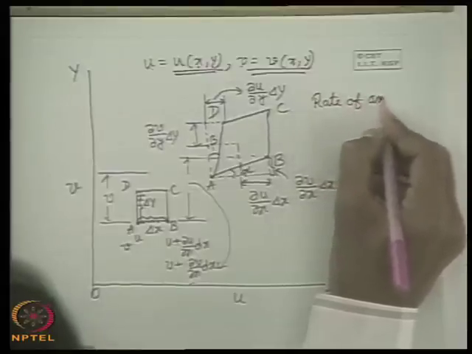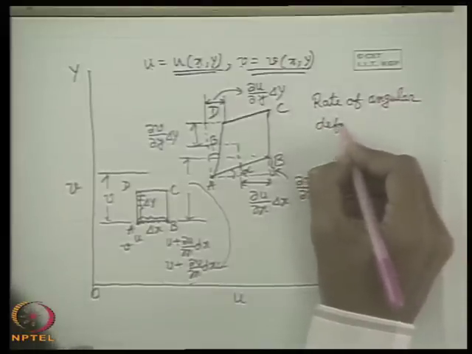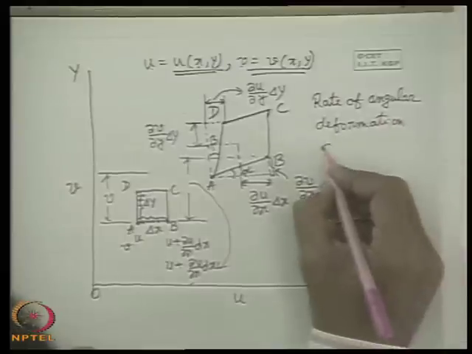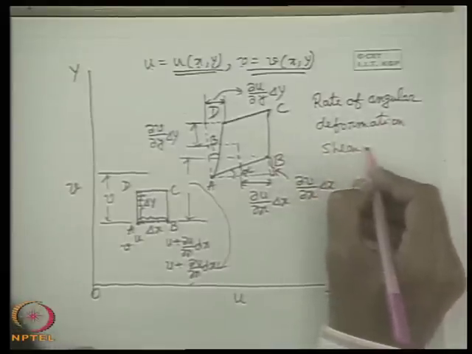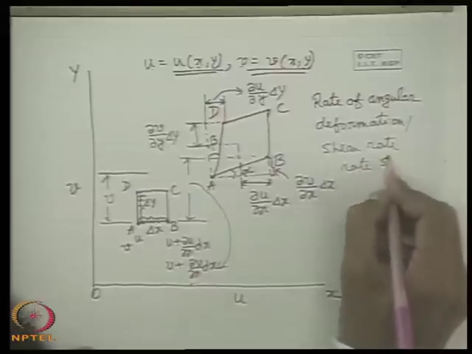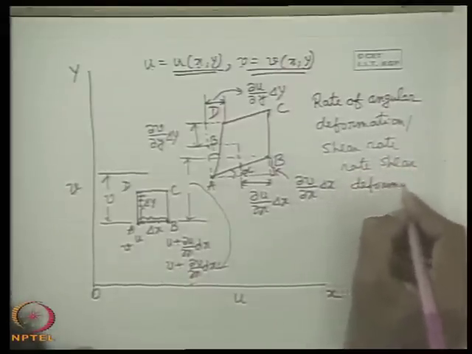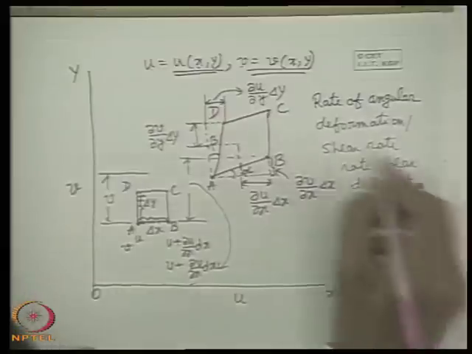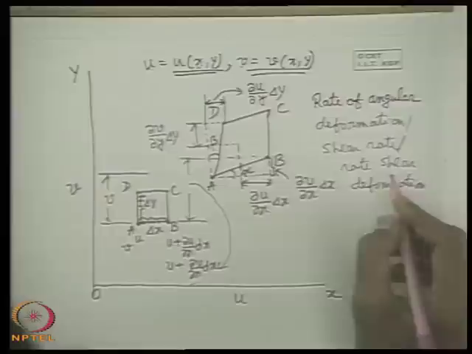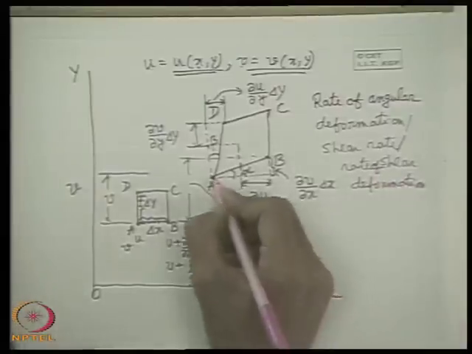These are the terminologies you have to know: rate of angular deformation, or sometimes we can tell shear rate, or rate of shear deformation. So these are the terminologies, the rate of angular deformation, shear rate, or rate of shear deformation of a fluid particle at any point we define.